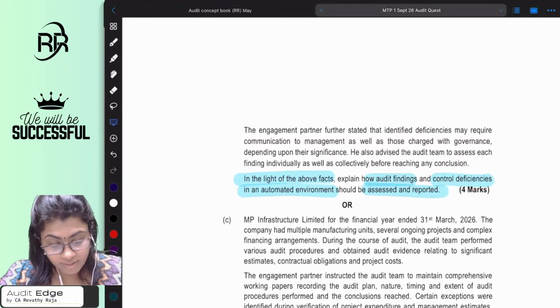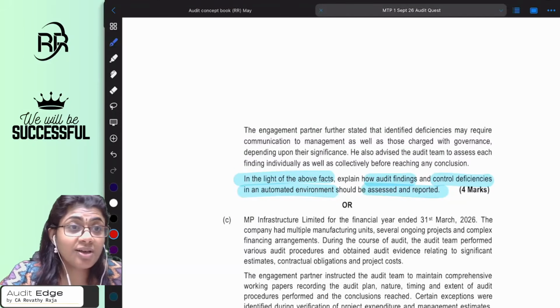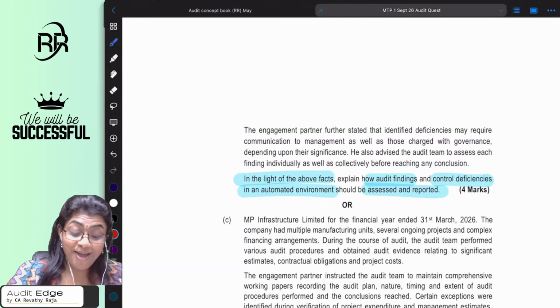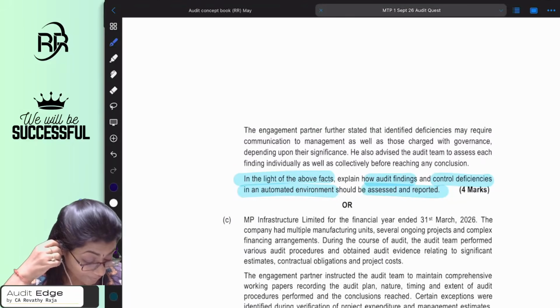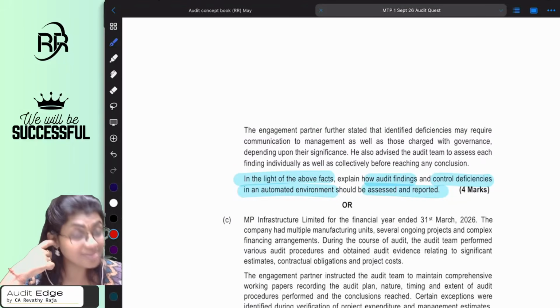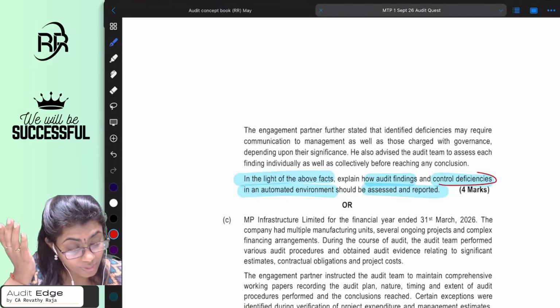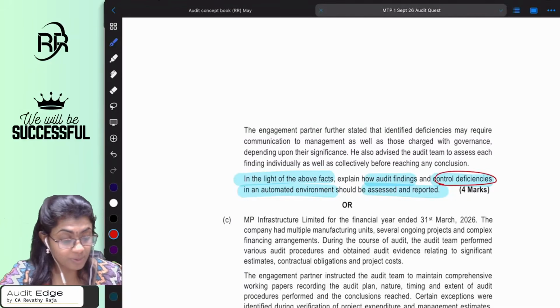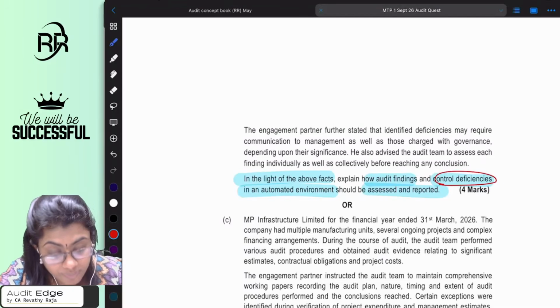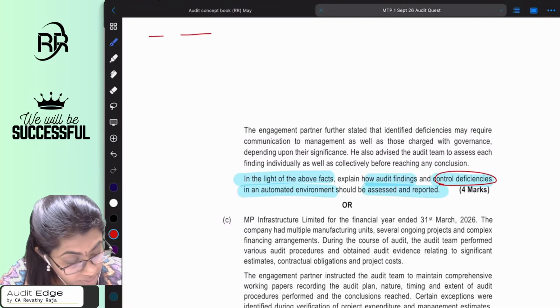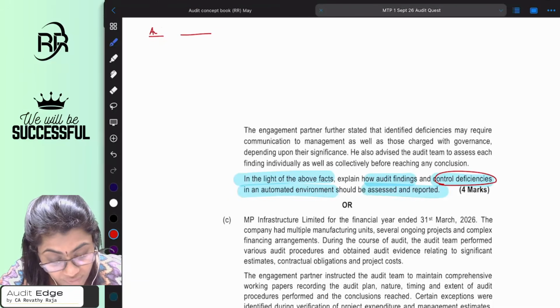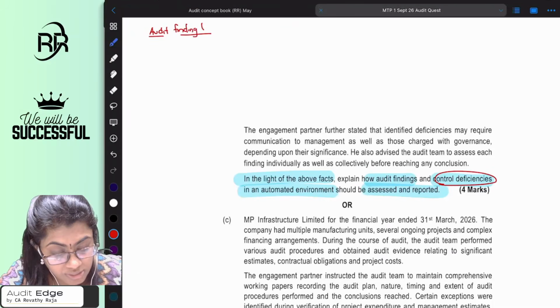So yes, I know many students are like, ma'am, do we need to study automated environment? See, watch out, the answer is very simple. It's more related to internal control deficiencies. Okay, so wait. Now you can write: audit findings and control deficiencies in automated environment.